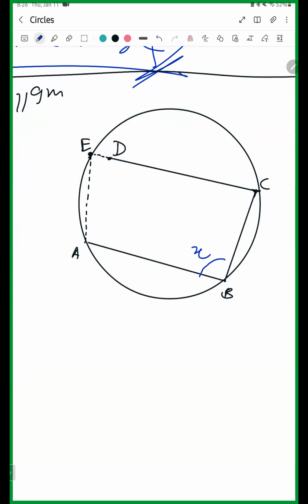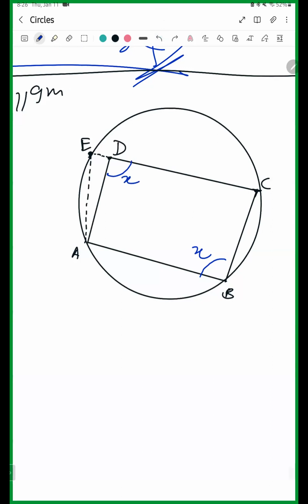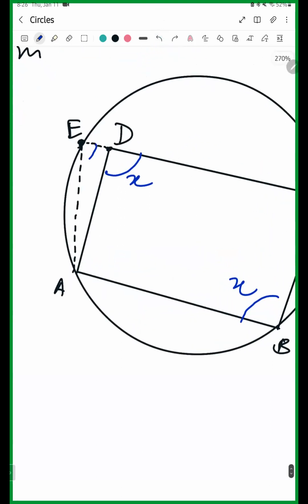This angle X at B plus this angle will be 180. So the angle formed at E will be 180 minus X. Let's restore what we deleted. So this angle over here is going to be 180 minus X.